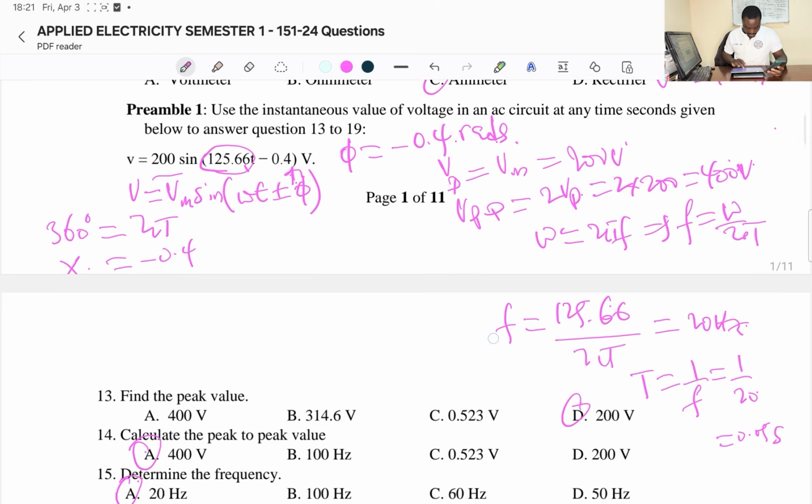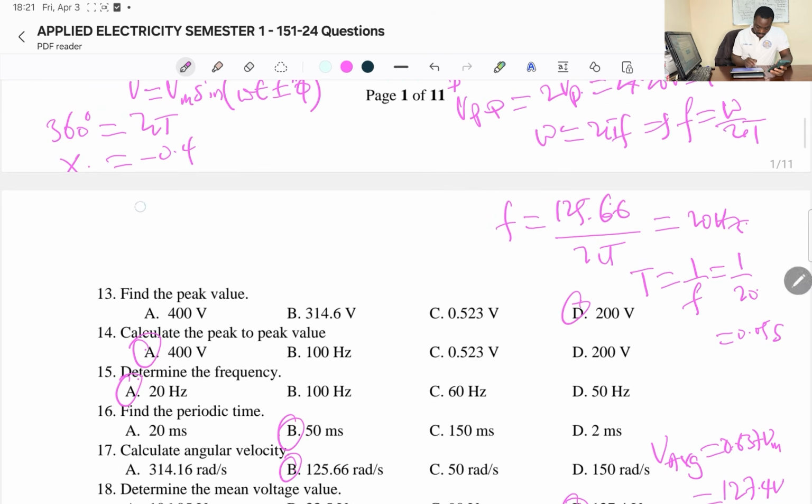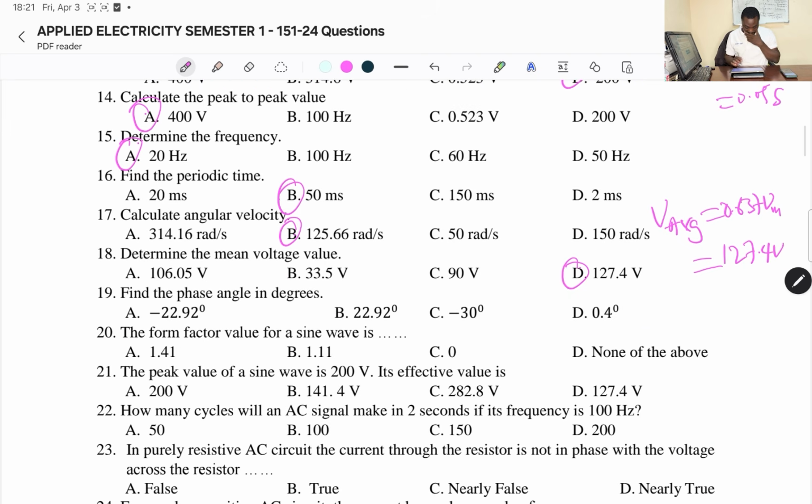So you get minus 22.91 degrees. So we come here, that is going to be A.